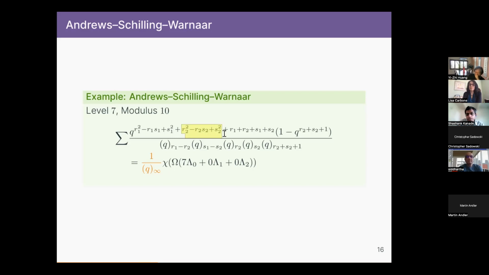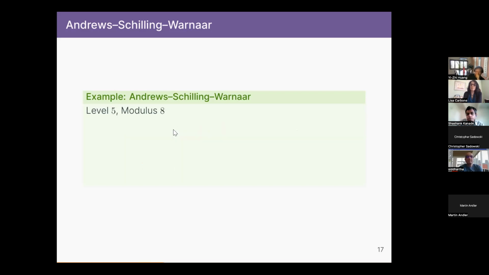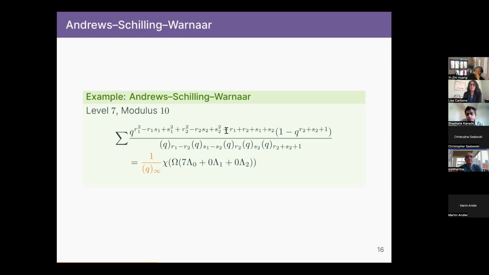And as I said, you have quadratic terms usually in the exponent of the q in the numerator. And then there are some linear terms like R1, R2, and so on. At the bottom, there are two strings of variables, R1, R2, and S1, S2, which are largely independent.